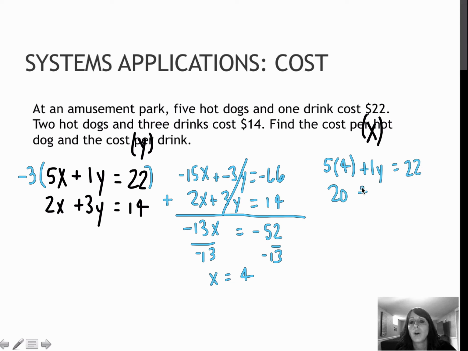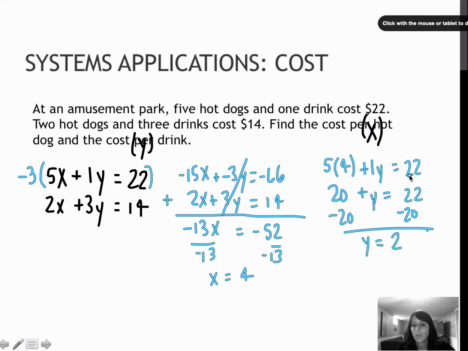And when I solve, I should find out the cost of y, which is the cost of a drink, which turns out to be 2. Now, in a normal system of equations, I would write my answer as 4, 2, because that's x, y. This one is a story problem, and as such, we need a sentence as an answer.